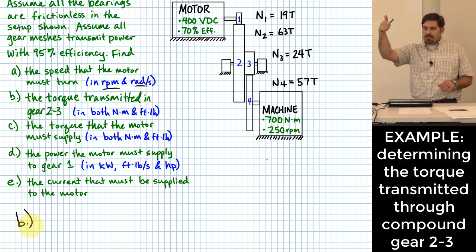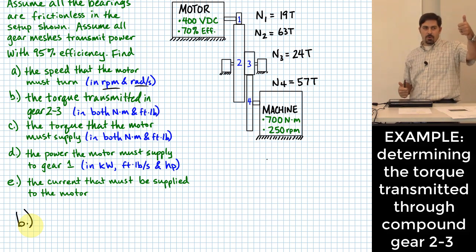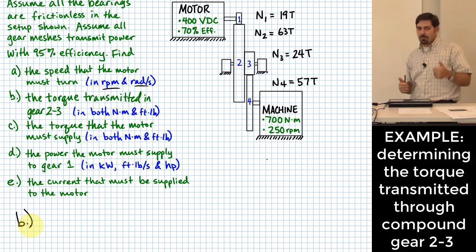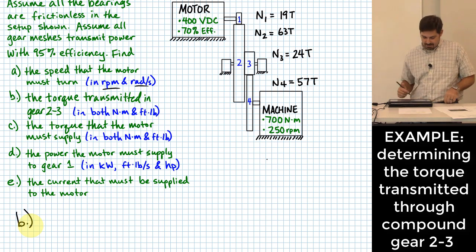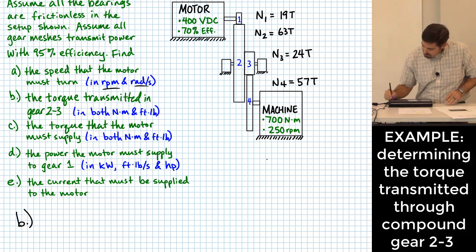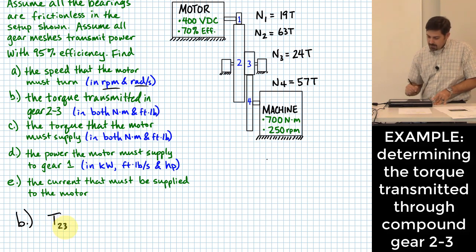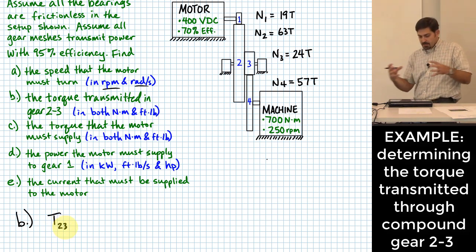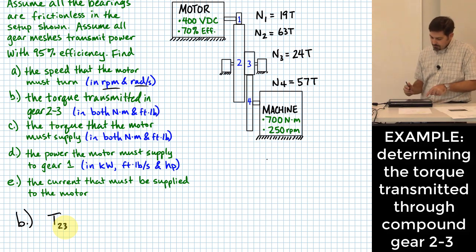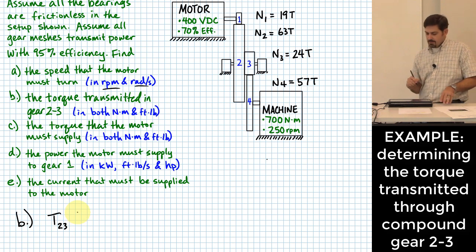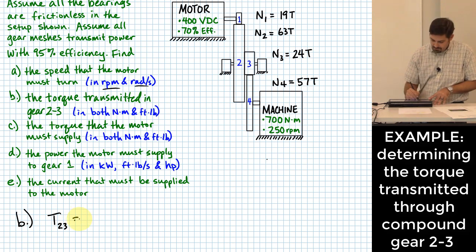Smaller gear turns faster, bigger gear, more torque. We're trying to get the torque in gear 3, or maybe I'll put 2-3, because it's going to be the same torque applied to 2 as 3 because they're just connected to each other. So torque 2-3 is going to be equal to what?